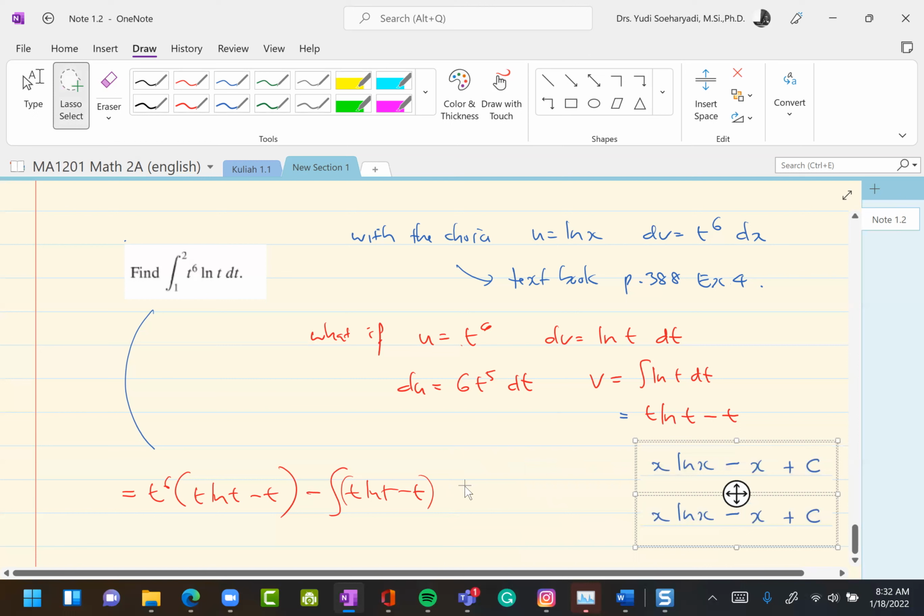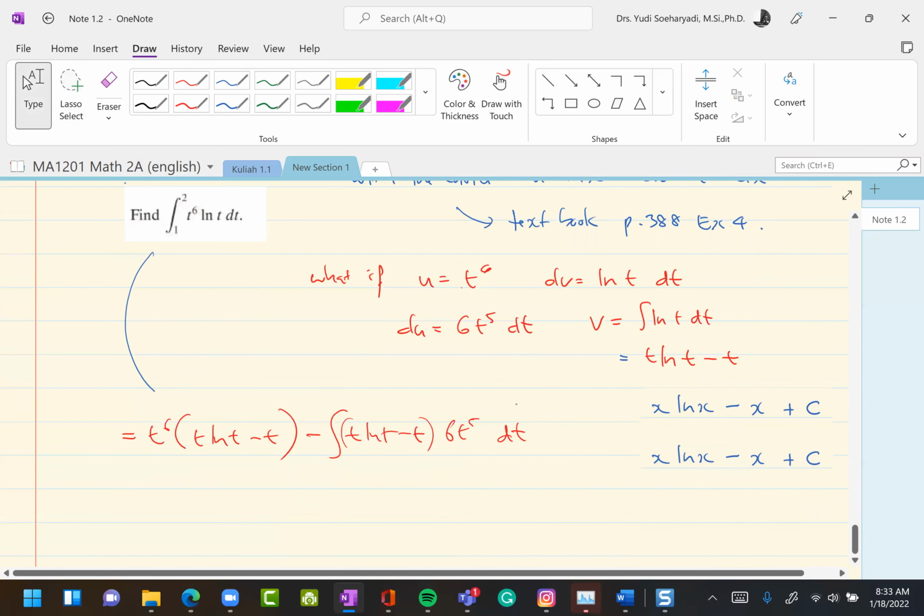Integral v du. Right? It is more complicated than the first one. But this is not good.